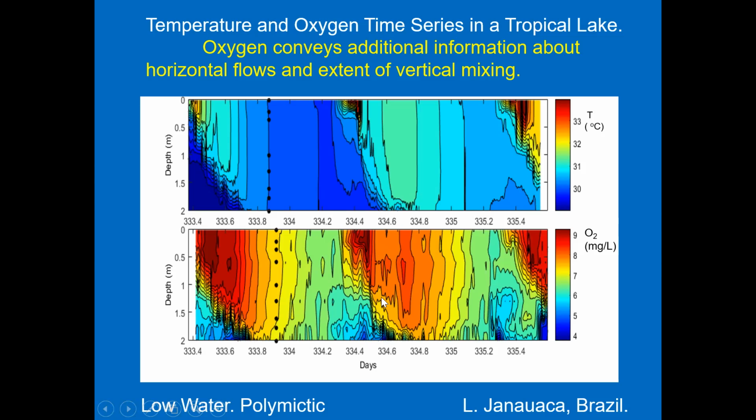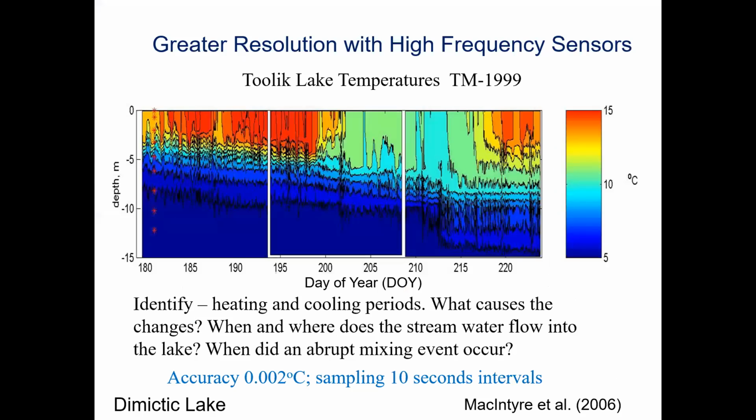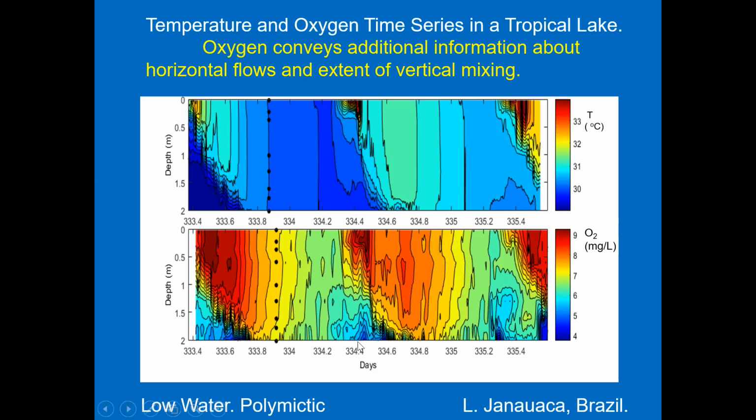So sometimes there are features that we can learn even about thermal stratification by having concurrent oxygen measurements. And of course, those of you who are interested in metabolism or primary productivity of a system, you know how essential that data is in order to calculate metabolism.